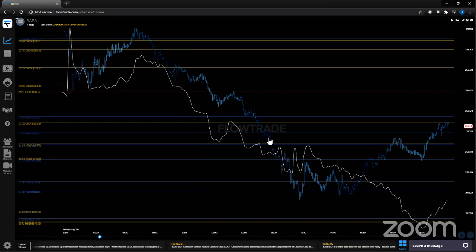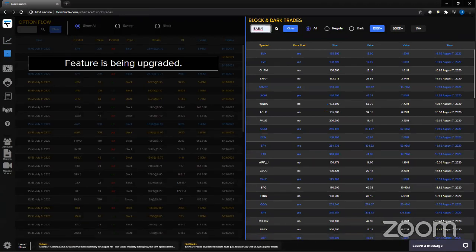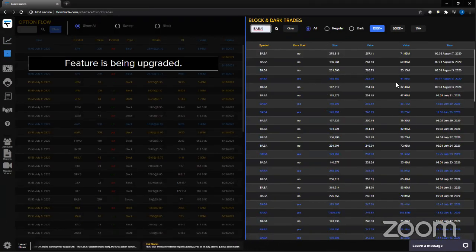Okay, great. Can you explain what the lines are again? Are you referring to the blue and gold lines, Mitchell? Okay, so the blue and gold lines, again, these are our block trades that we plot on the chart directly for you. It's the same thing that you'll find in here if you go to Baba. The same information.